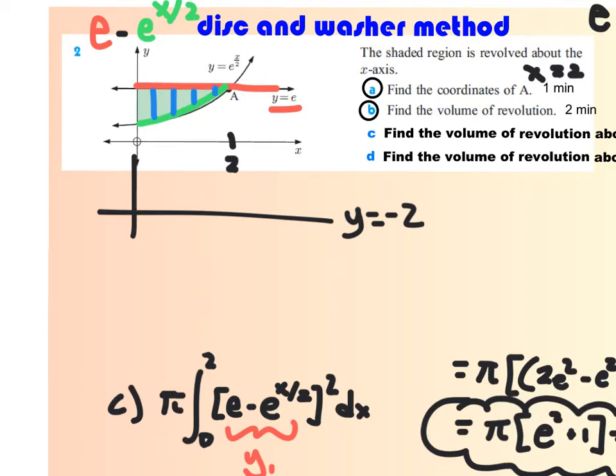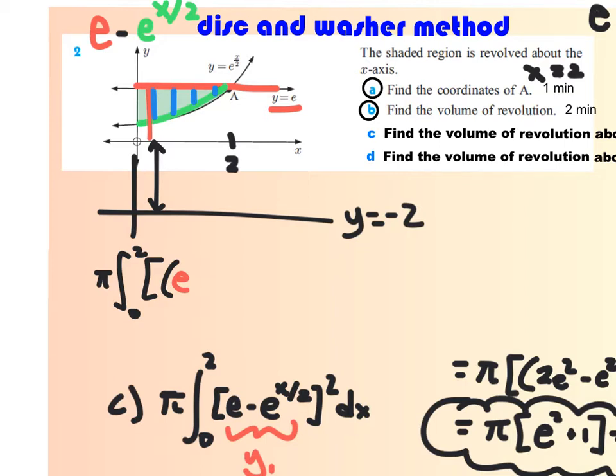Now my upper function would still be e. My lower function would be e to the x over 2. But then I want to add in this gap here, right? So I would take the integral from 0 to 2, no change there. When I look at f of x, or my upper function, I'm adding 2 to that distance, to that radius.